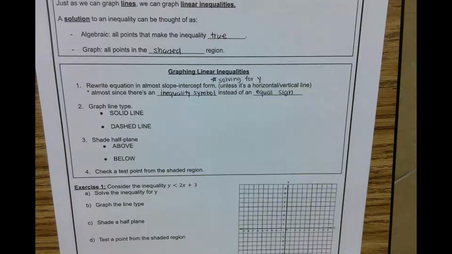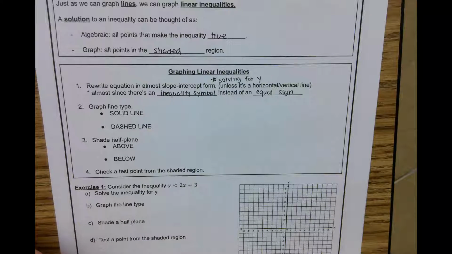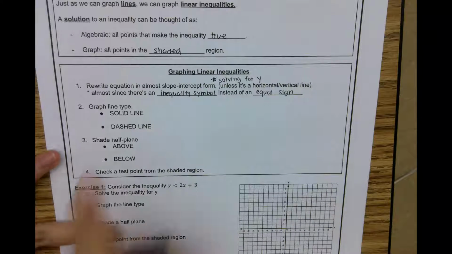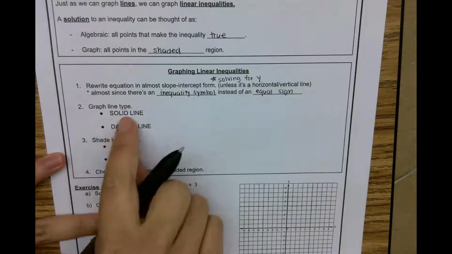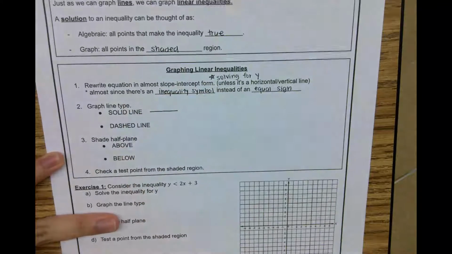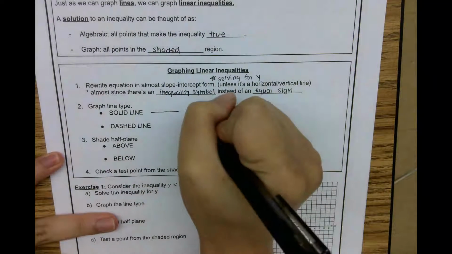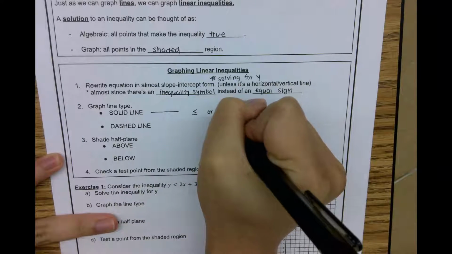After you are done rewriting the equation in slope-intercept form, then you're going to graph the line using its type. It's going to be a solid line, so something like this, if you see the symbol less than or equal to or greater than or equal to.